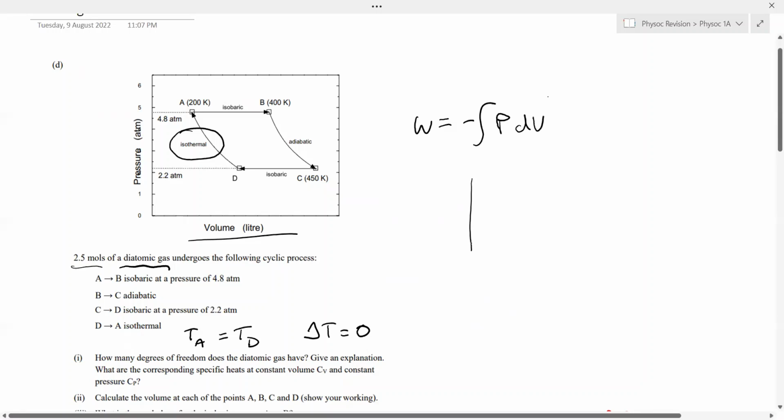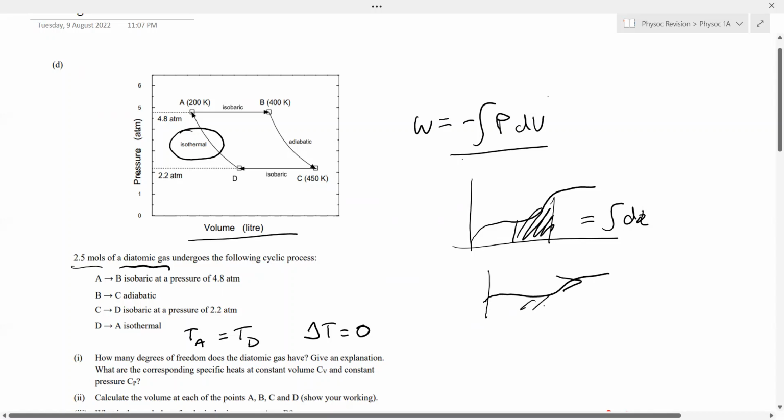It's basically an integration. If we've got some line going up like this, then the area under it is equal to our positive integral. We have this negative value out the front of our work equation. It's pretty standard convention, which basically means if our plot is going this way, then the work done, or the area under it, is going to be negative.